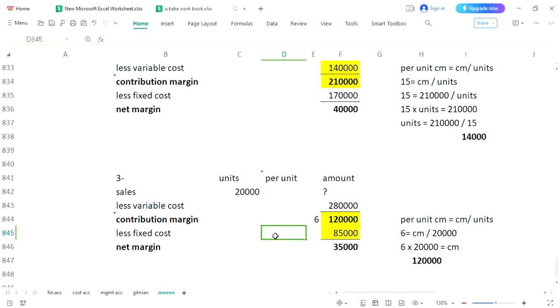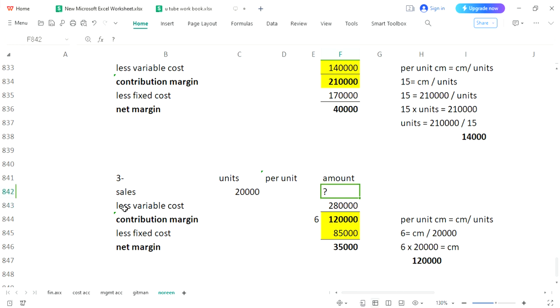Alright. Now here we have contribution margin 1,20,000, and we will go in reverse. Whenever you go in reverse to calculate a missing figure by reversing your calculation, what do we do? We change the sign. Here the variable cost sign is less. When you reverse your calculation, the sign from less is converted into plus.